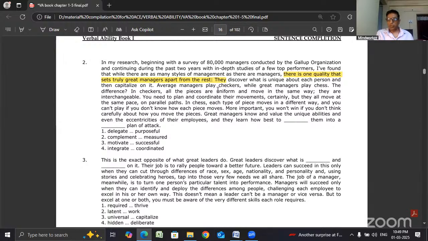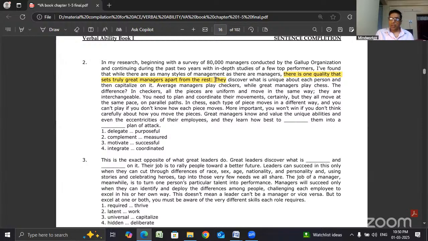Track pronouns. Which managers? Not the Gallup organization. Great managers. Not all managers. Truly great managers.